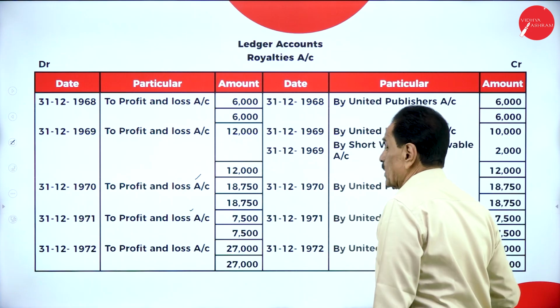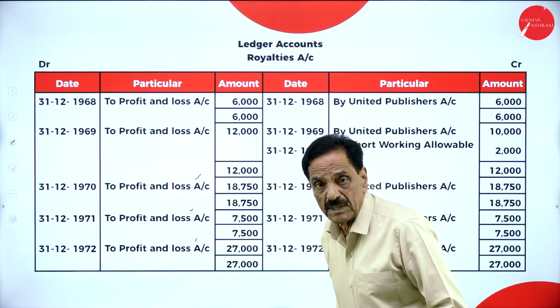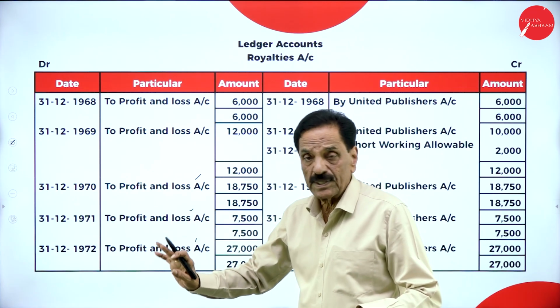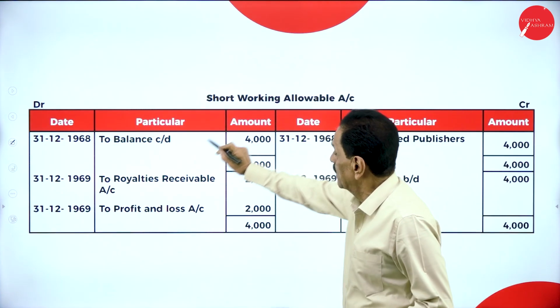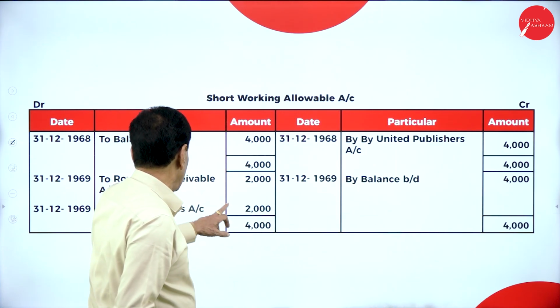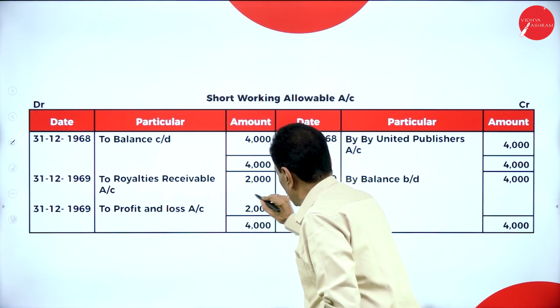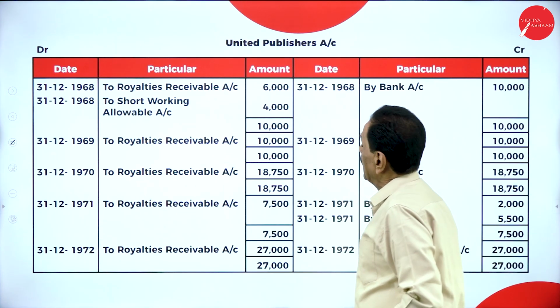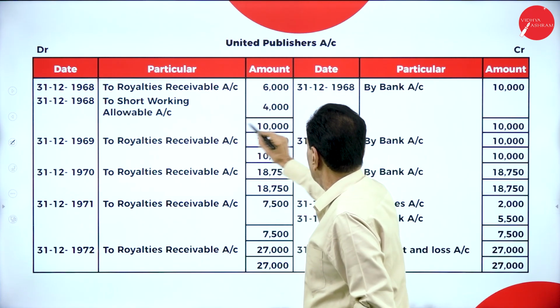By United Publishers 27,000. To profit and loss account 27,000. Hope you understand this. Then short working: by United Publishers 4,000. Balance carried down 4,000. By balance brought down 4,000. How much recovered? 2,000. How much could you not recover? Another 2,000 rupees, irrecoverable.